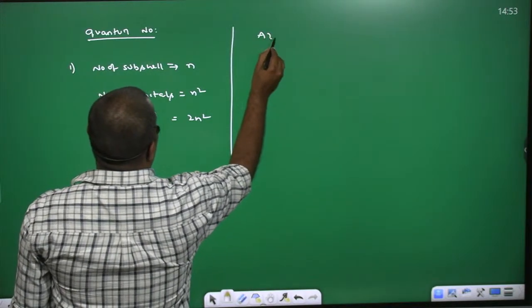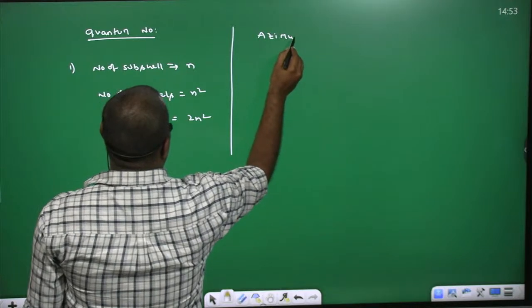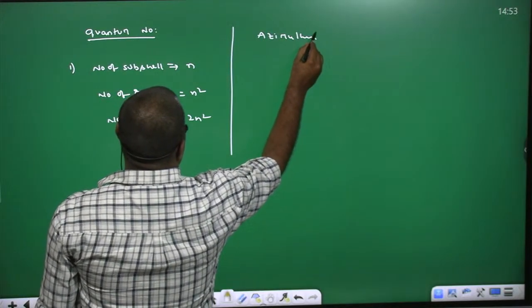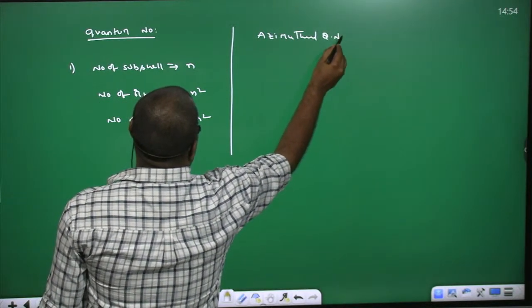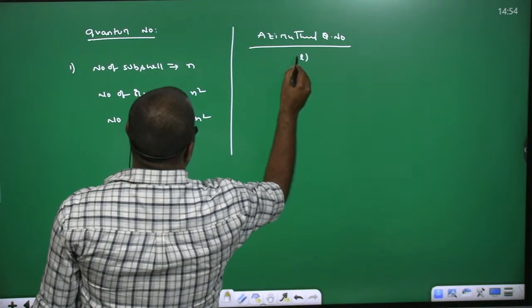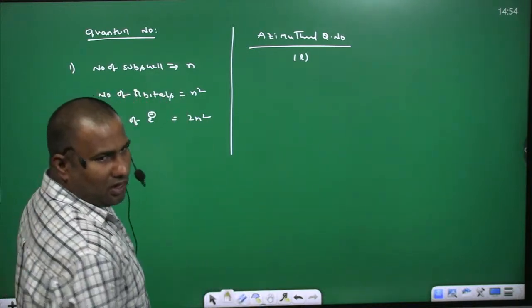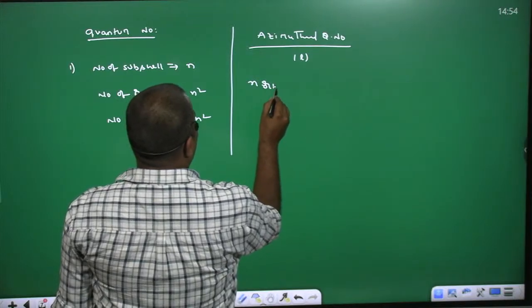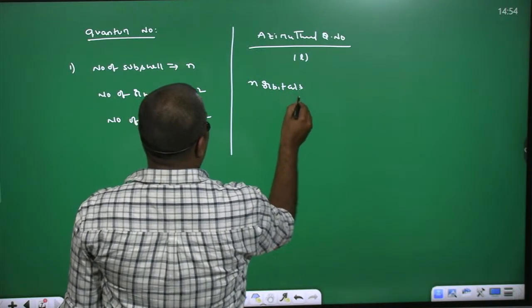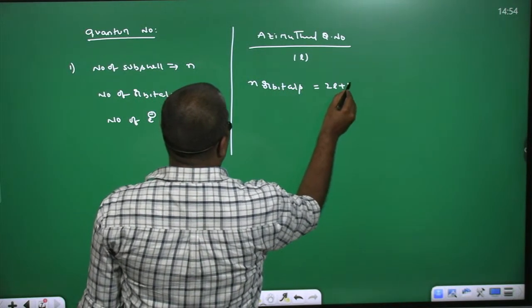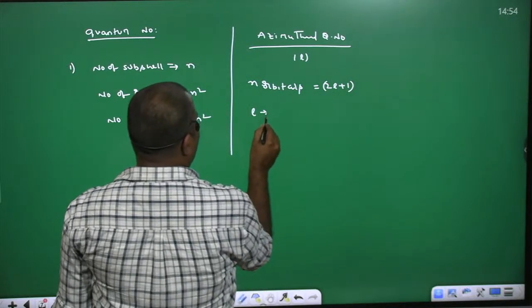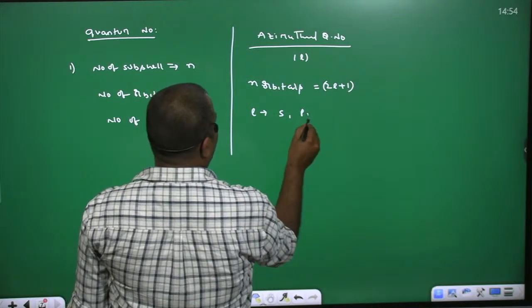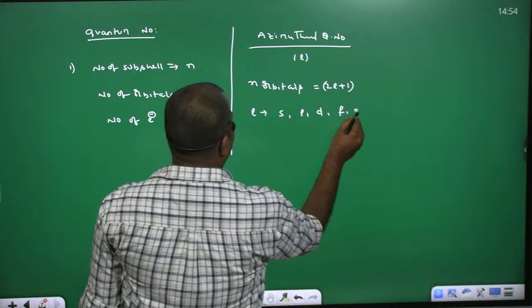Whereas the azimuthal quantum number is denoted by L. To find the number of orbitals, the formula is 2L plus 1. L takes values for s, p, d, f, g.